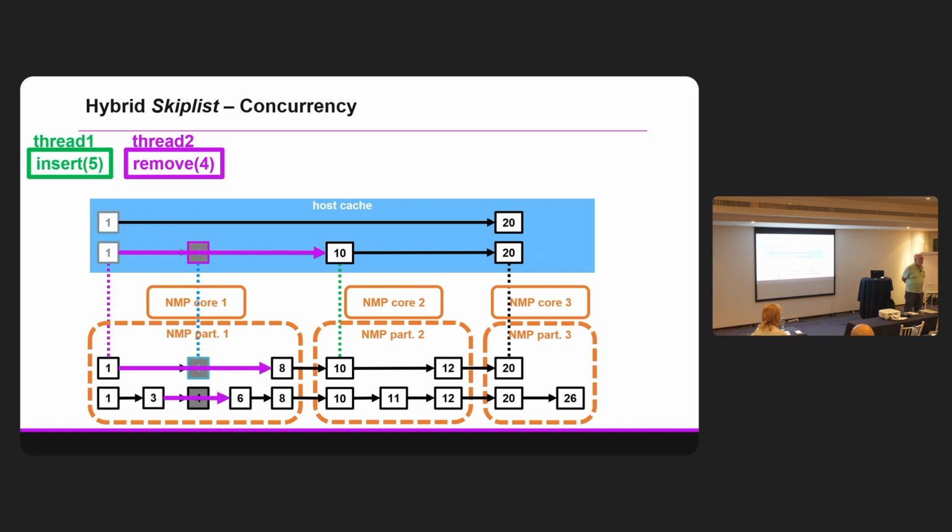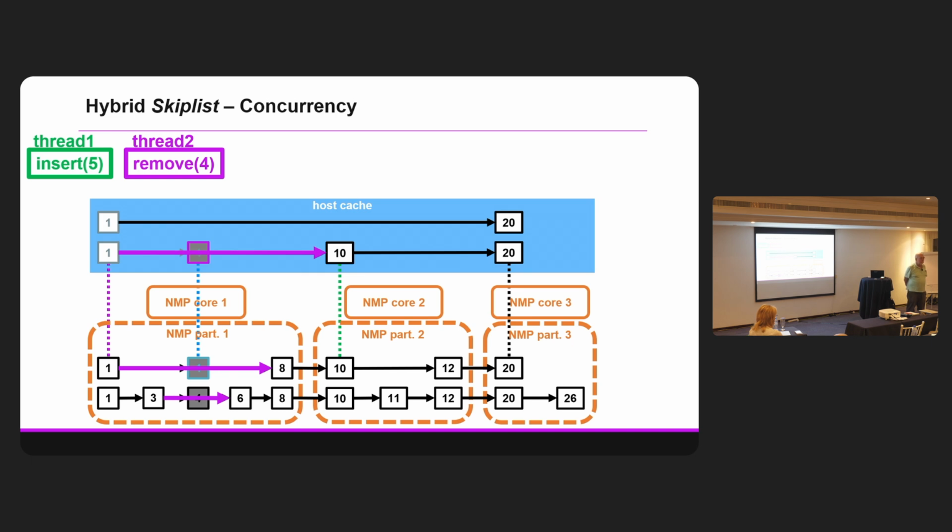Yeah, but here we have a single NMP thread, so I guess that should be easy. It's different. It's single threaded inside the near memory core, but it's still kind of tricky because it's still simulating the operation.